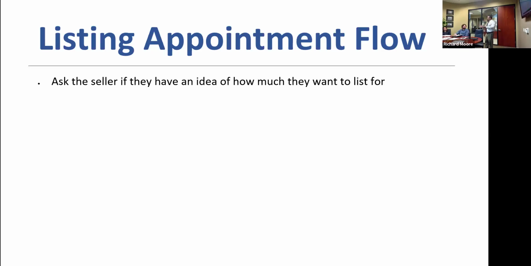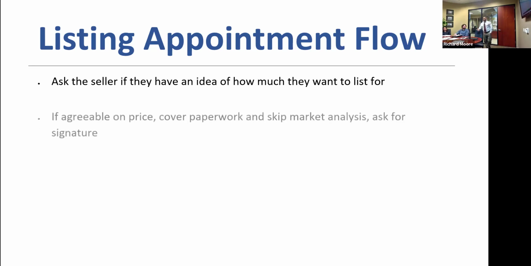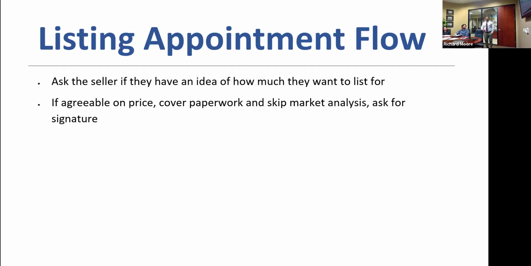It might not be an apples to apples comparison, but that's why you're hiring me, because I have the information you need to price your home right. If they say a specific price and you're agreeable, hey, that's exactly around what I wanted to list at, cover the paperwork, skip the market analysis and go for the signature. You don't have to present any other evidence.